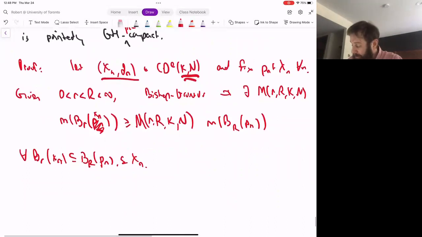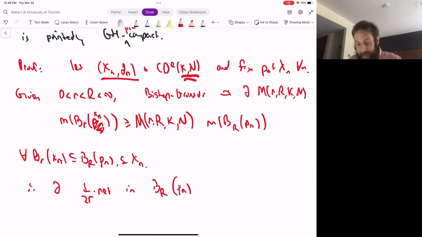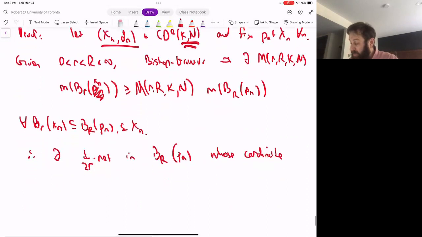And therefore, the diameter of these balls is 1 over 2r. So there exists a 1 over 2r net in B capital R around Pn with the cardinality of this net being at most this capital N, because, well, it's the usual story.